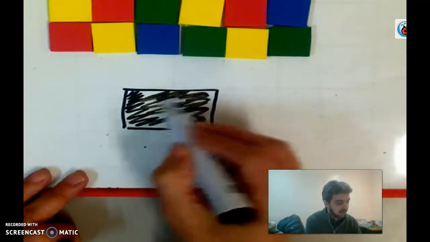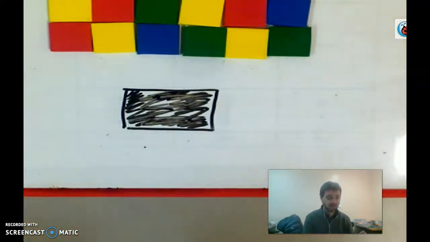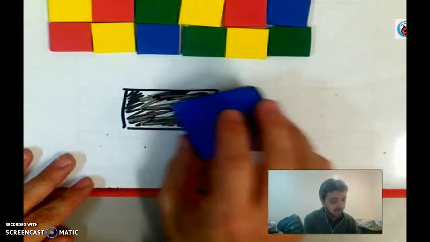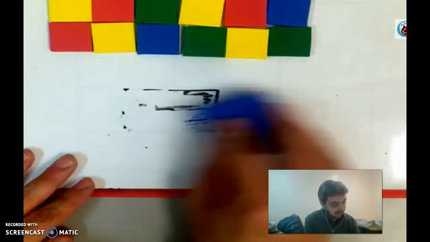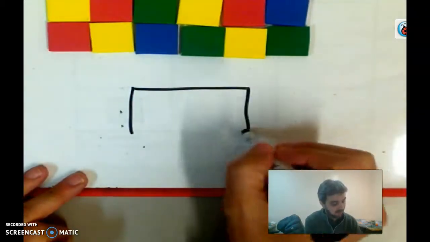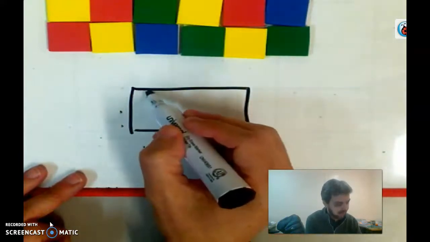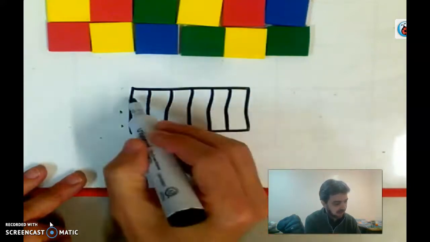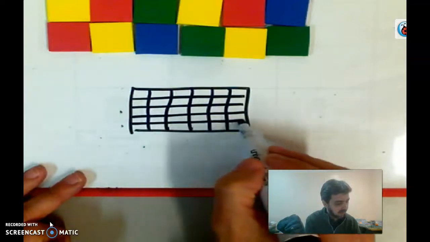Typically, the way we measure the area of rectangles, or squares, which are just special types of rectangles, is using square units. So if I draw that again, we would say how many square centimeters might fit in here. So it might be something like this. So how many square units?